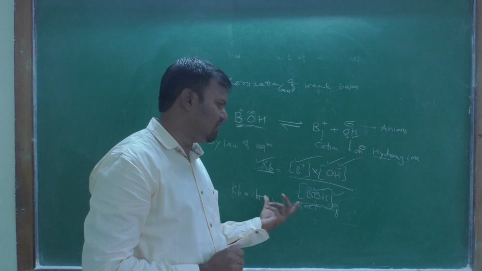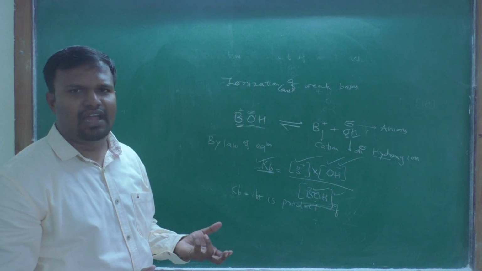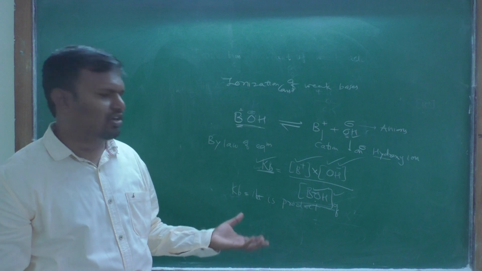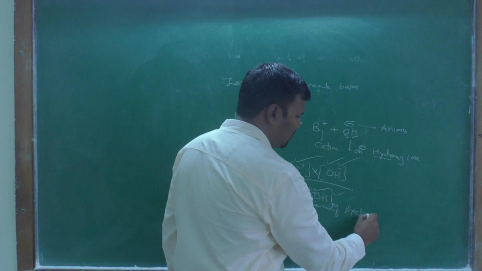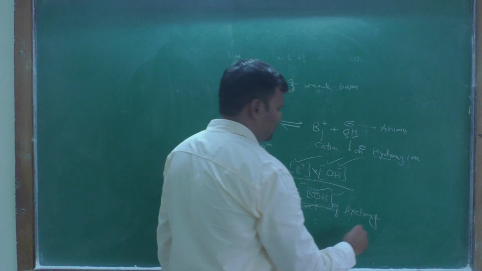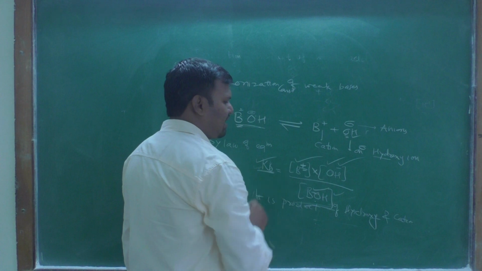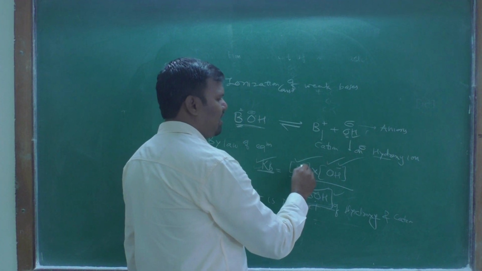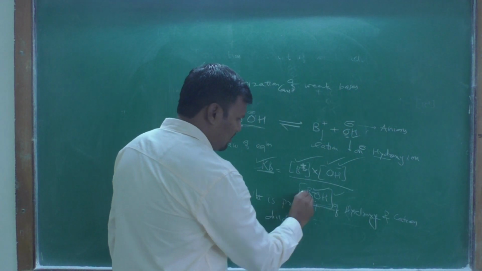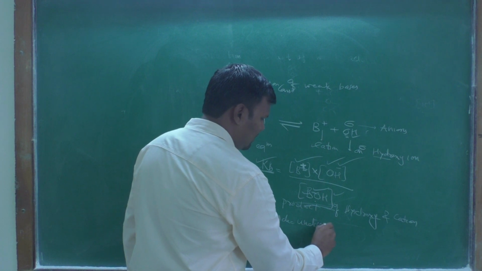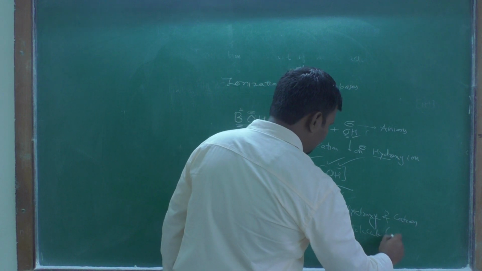In acid we defined the ionization constant as the product of H plus ions and the anion divided by the undissociated molecule. In the same way here, it is the product of the hydroxy ion, which has a negative charge, and the cation B plus, divided by the undissociated molecule, BOH.